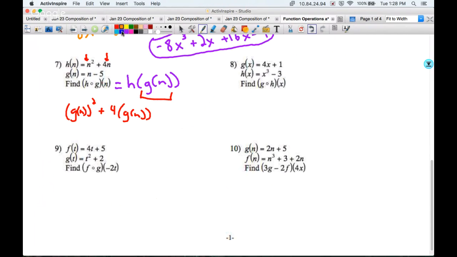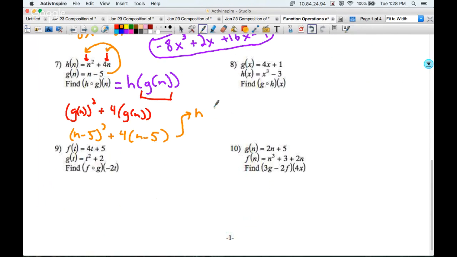So this becomes n minus 5 squared plus 4 times n minus 5. So the expression here has replaced the variable in this expression here. We always have to do it the right way. It's very different if we replace in the opposite direction.